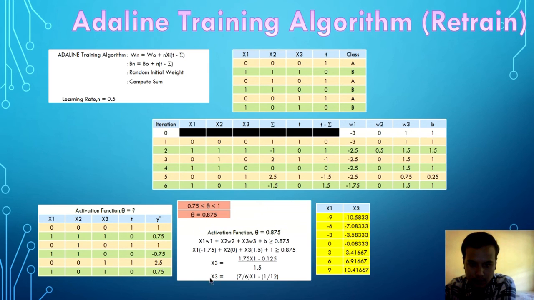So this is the equation that we got to find the linear line, and this table shows the values of x1, the unknown we use to get the linear line, x3: -9, -6, -3, 0, 3, 6, 9.